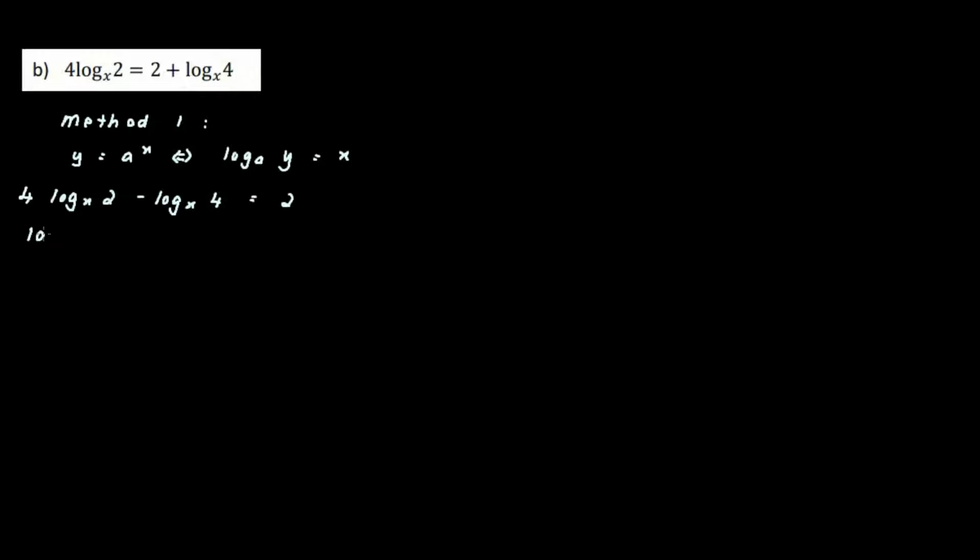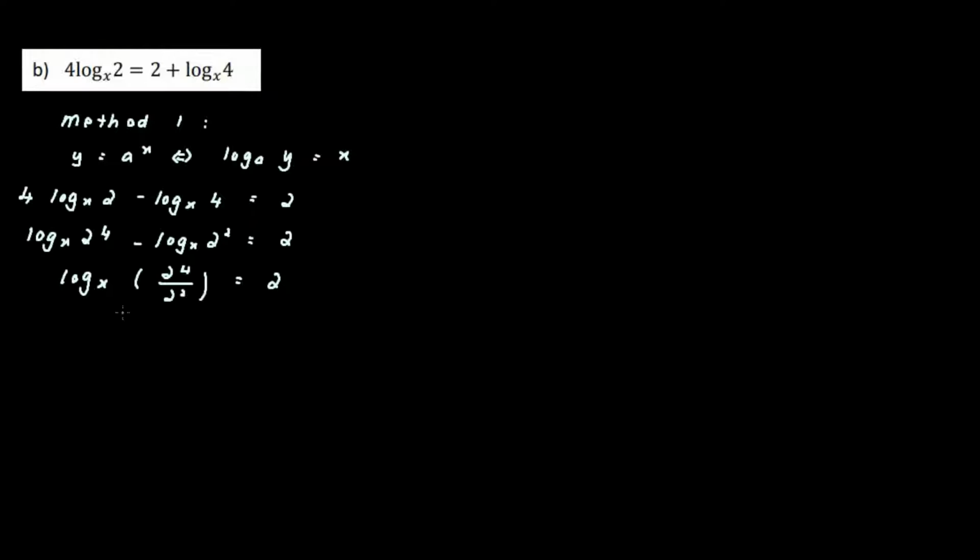So log_x, I know that this will become 2^4, right? And then minus log_x, maybe let us change this as well, 2^2, equals 2. Now since this is minus, you can always simplify them into division, so 2^4 divided by 2^2.